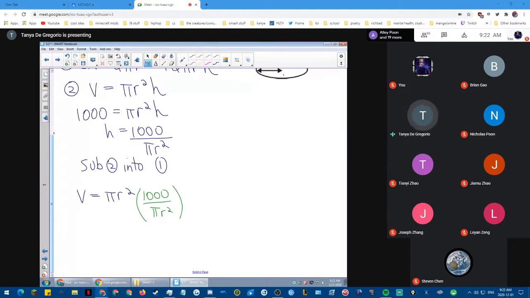Now we're going to clean this up before we go ahead. Oops, sorry. Look what I just did. We're finding the derivative of surface area. There you go. Now clean it up and then find your derivative.